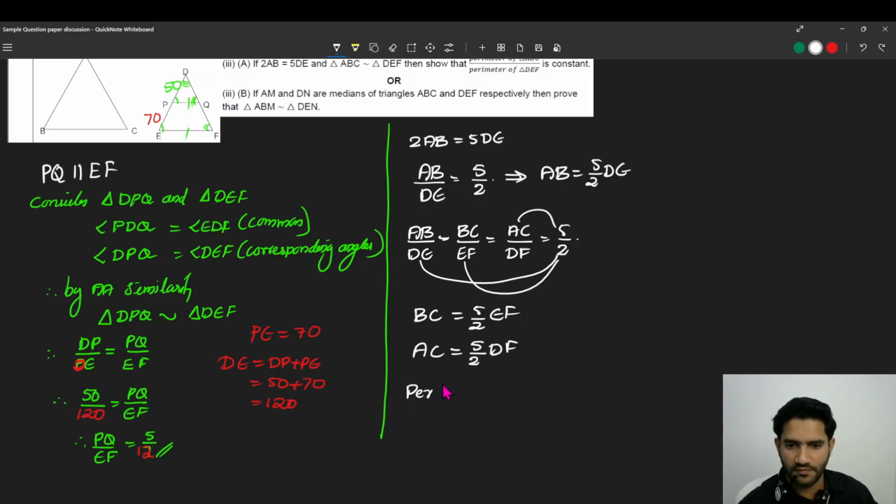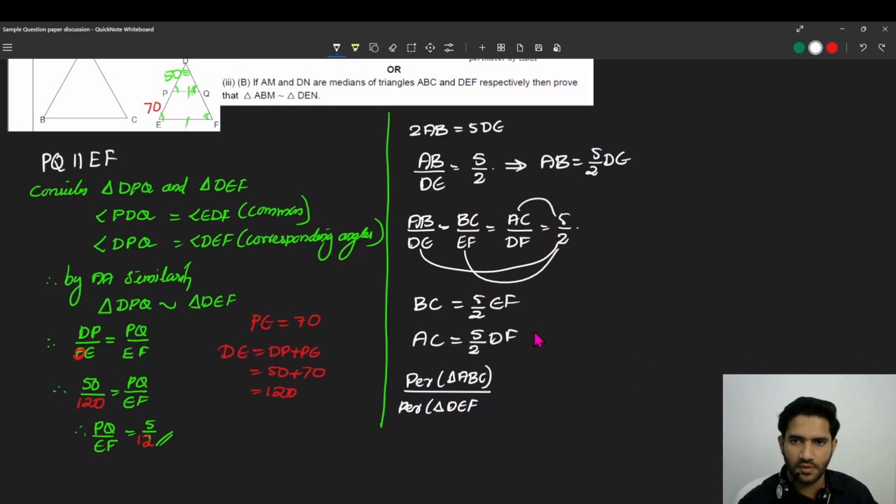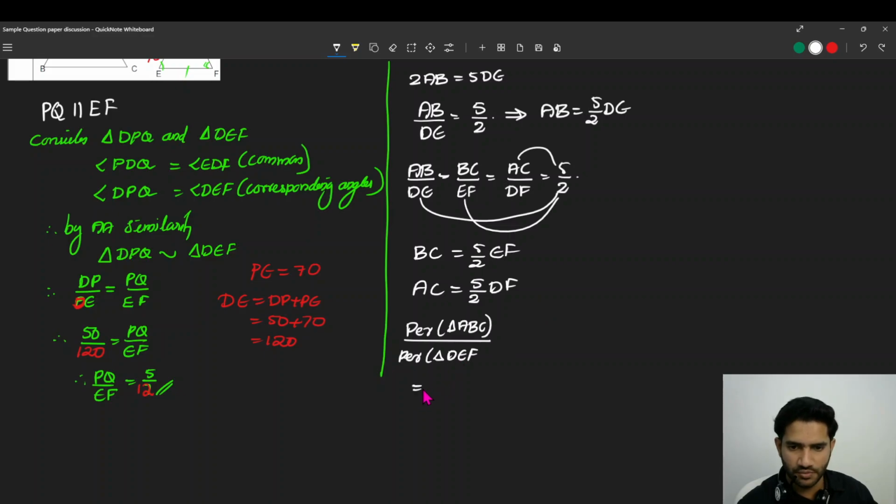Now perimeter of triangle ABC divided by perimeter of triangle DEF is equal to AB plus BC plus AC divided by DE plus EF plus DF.